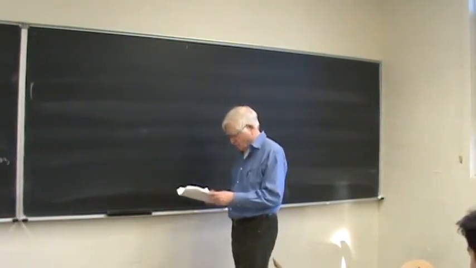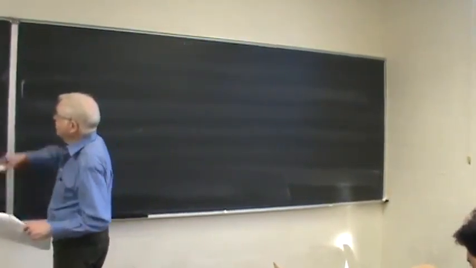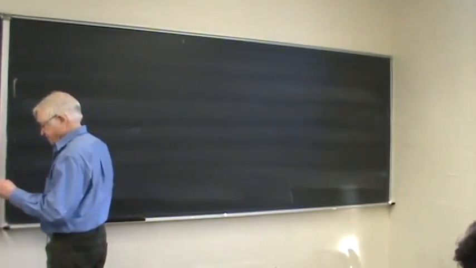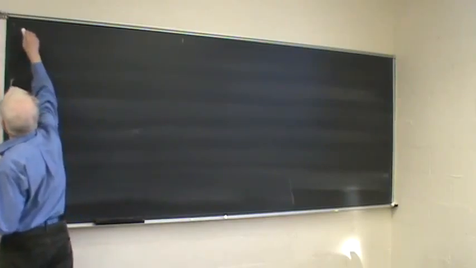Okay, let's just get this one thing done immediately, and we'll probably need the whole board. So I've made these definitions here. And the next thing is to think about what this is.